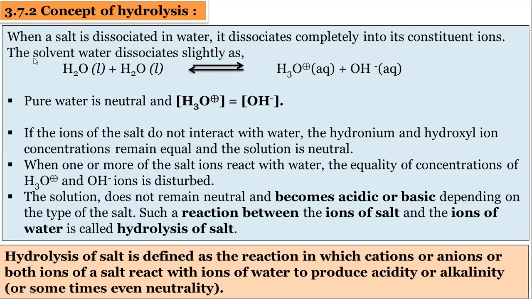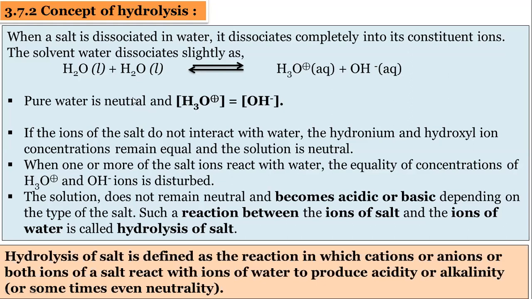But the solvent water dissociates slightly. You already know from the ionic product of water that pure water dissociates to a very small extent. This dissociation is shown again. H2O dissociates only a small amount, partially, and we get H3O+ hydronium ion and OH- ions.